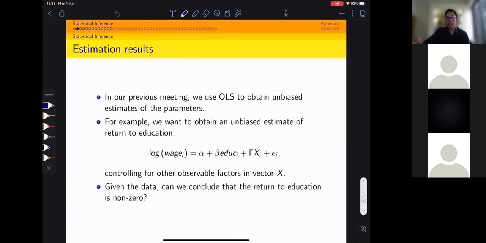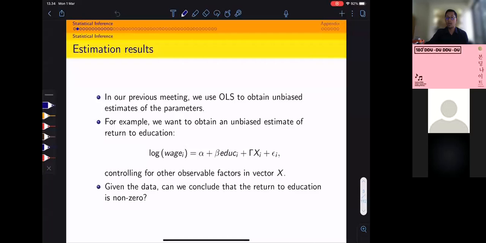And so let's start. In the previous meeting, we used OLS to obtain unbiased estimates of the parameters in the model. We always talked about the population and the population regression function, and one of the key issues is that these parameters are not observed in the population, because it's costly and takes a lot of time to get population data. So it's more sensible for us to get a sample that is representative of the population.